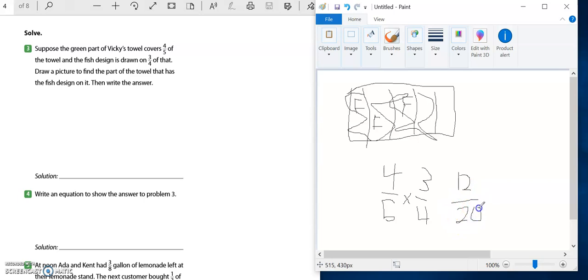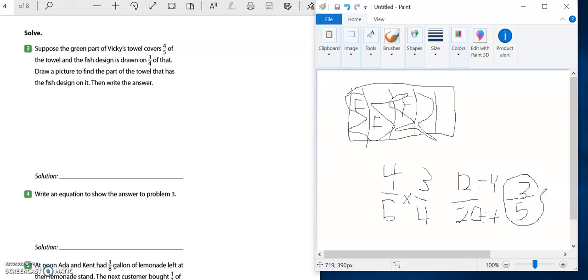So our answer would be 12/20, but if we reduce it to the simplest term, we could divide both sides by 4 because that's our greatest common factor. 12 divided by 4 would be 3. 20 divided by 4 would be 5. So our final answer would be 3/5.